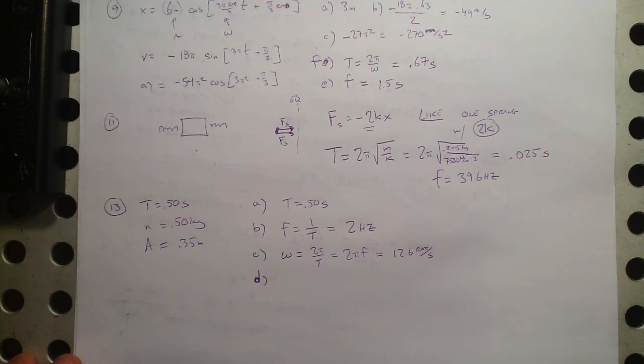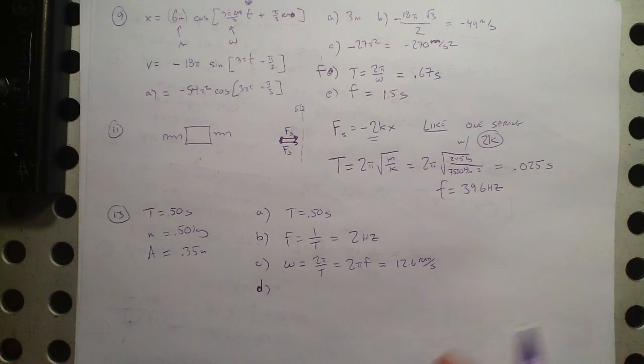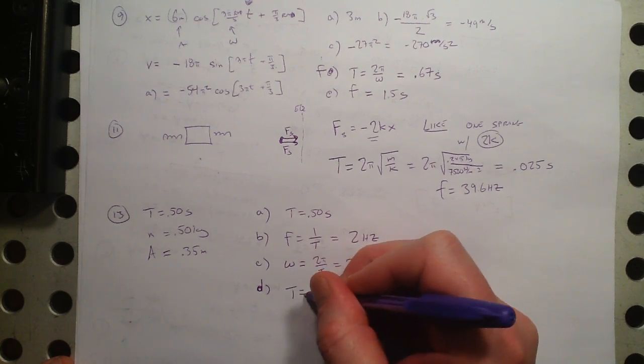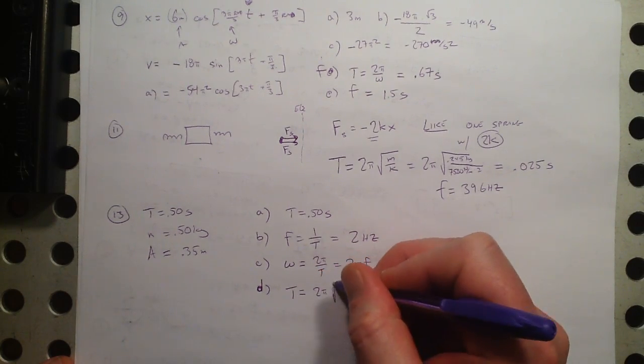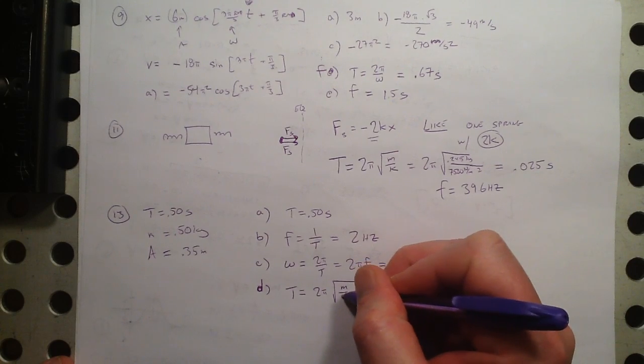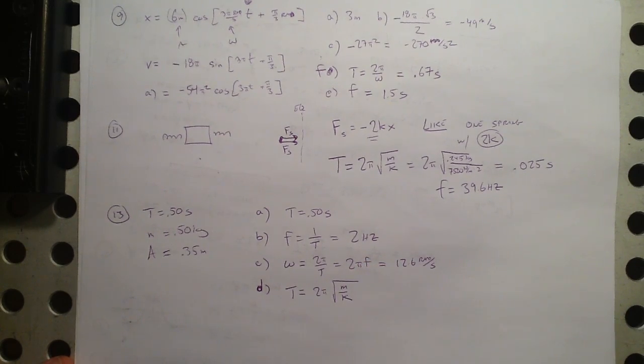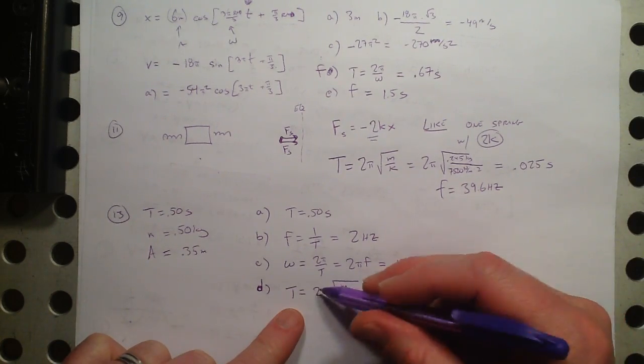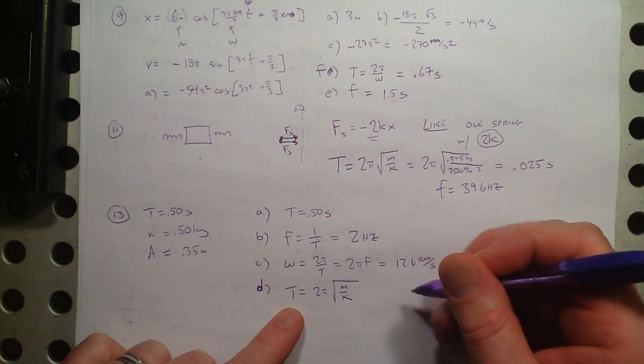What's the spring constant? So you think about a relationship here that we know that would involve the k. I know that period is equal to 2 pi times the square root of m over k. And I think I know everything here except for the k. So let's practice solving this for k.